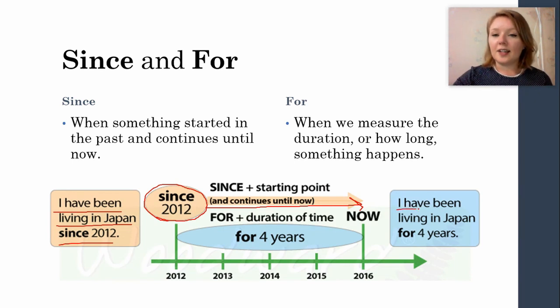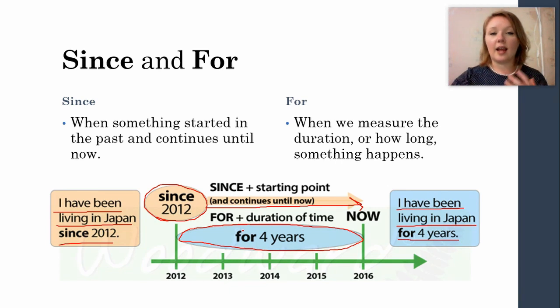I could also say, I have been living in Japan for 4 years. That's the duration of time or the amount of time I have been doing something. Since 2012, for 4 years. So let's look at some more examples of how we can use since and for.